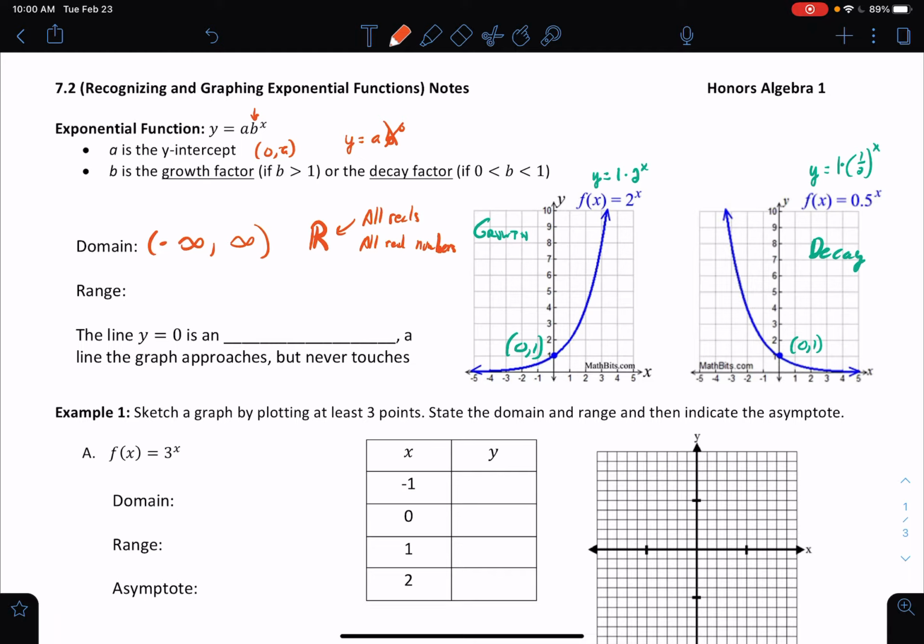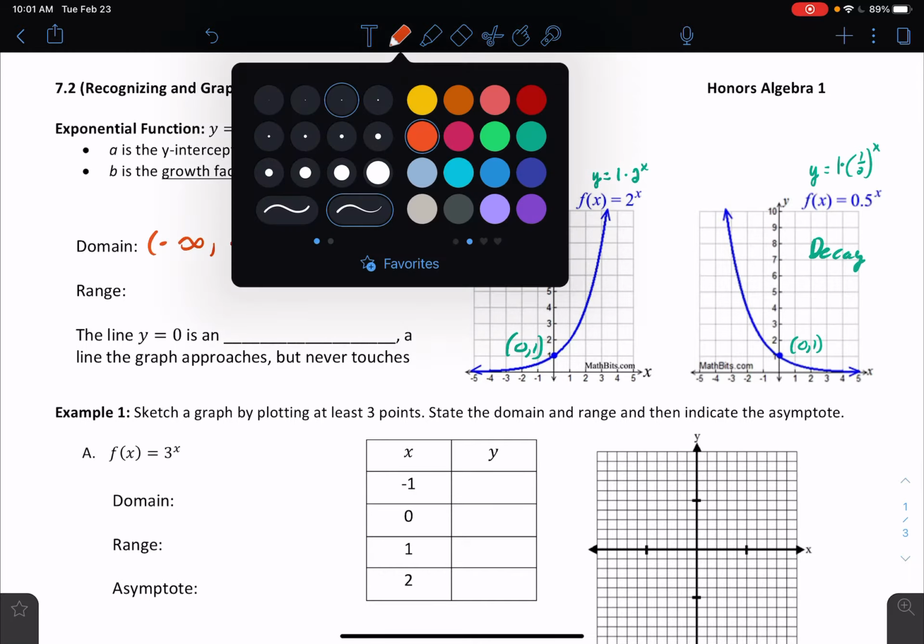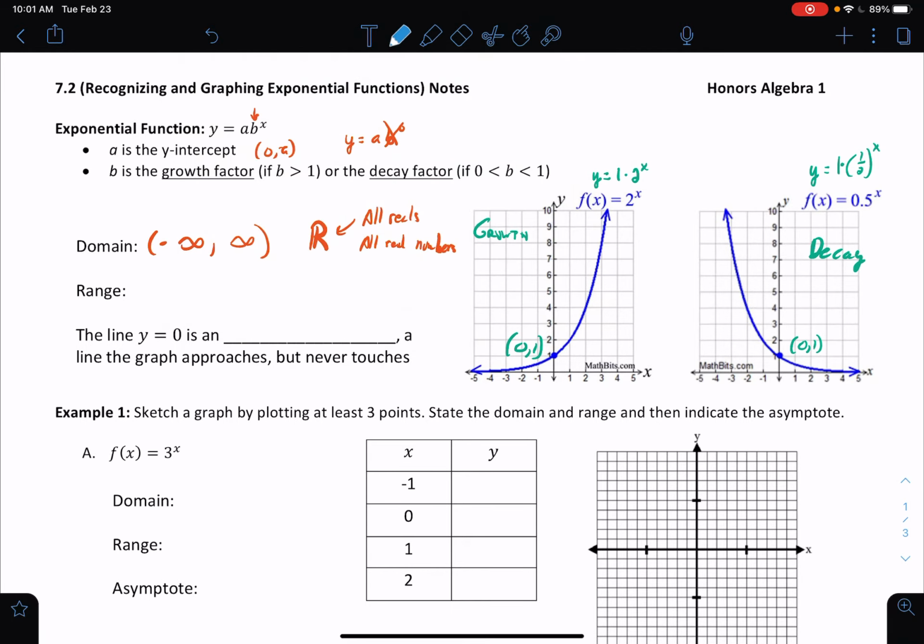And then the range deals with all possible y values. So look at the y values. Notice that these graphs are not dipping below the x-axis. So it's getting really, really close to 0, both of them. In the growth, it starts really close to 0 and then shoots off.